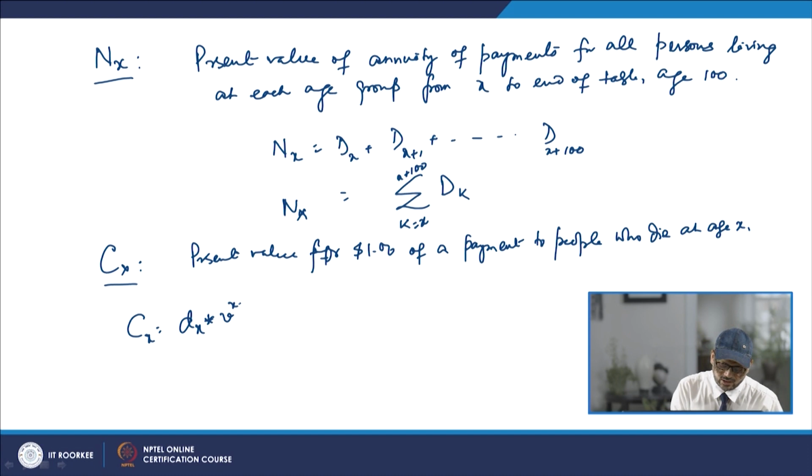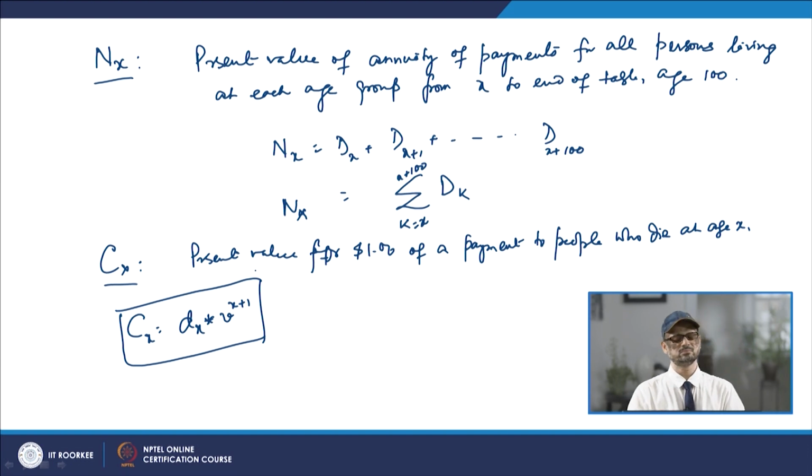So basically this is the present value of $1, and after that you are going to give the payment. So Cx will be computed as dx times v raised to the power x plus 1.